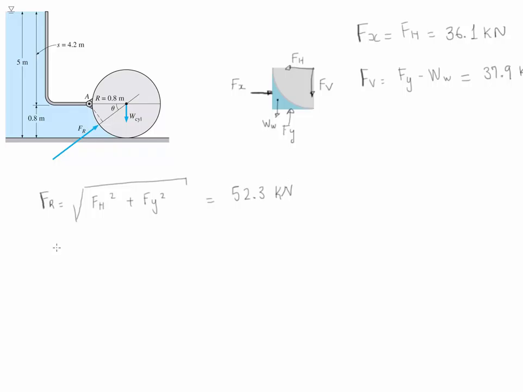To find the line of action, we're going to calculate the angle, and the angle is simply going to be inverse tangent of F vertical divided by F horizontal. If we do this calculation, we can find that the angle is around 46.4 degrees.